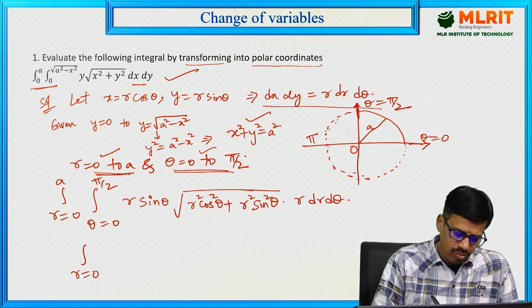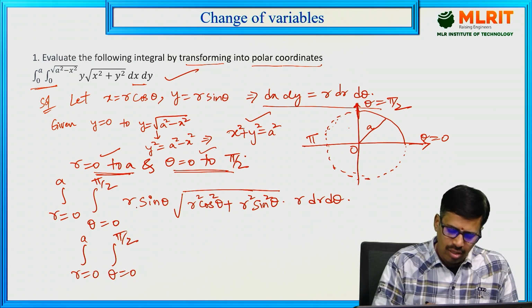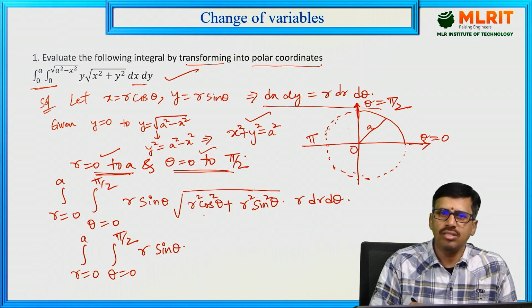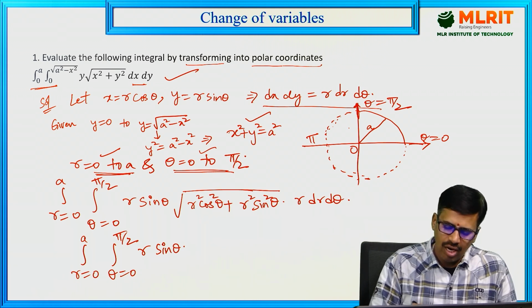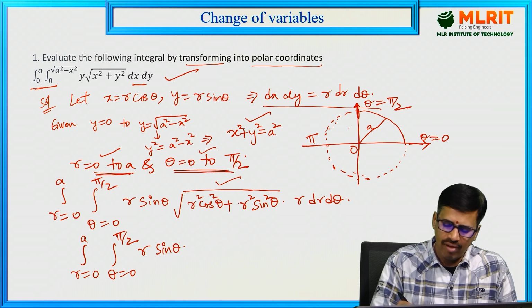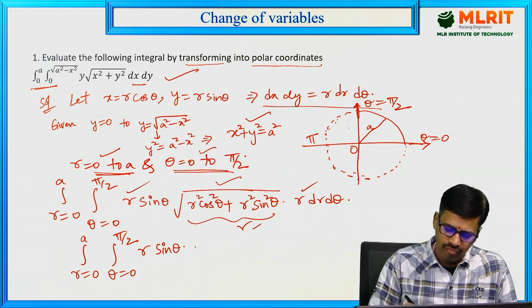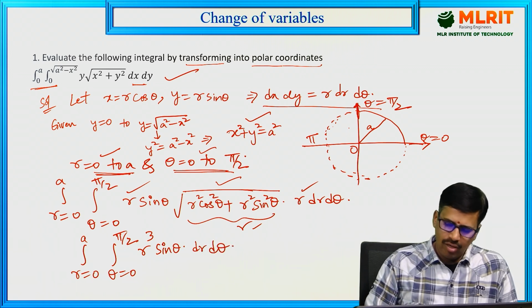So r equal to 0 to a, theta equal to 0 to pi by 2. If you take r square common, cos square theta plus sin square theta is 1. Under root of r square is r. So r into r, we get r cube into sin theta dr d theta, with theta equal to 0 to pi by 2.